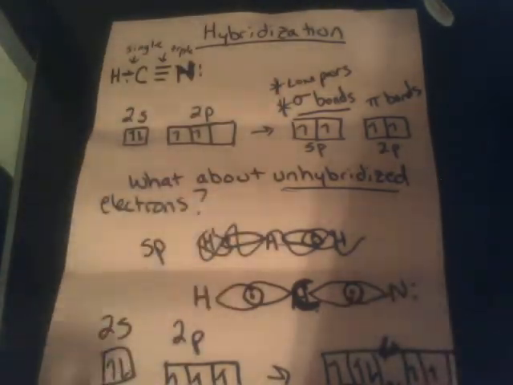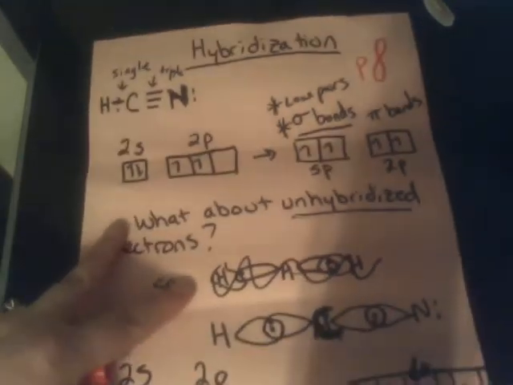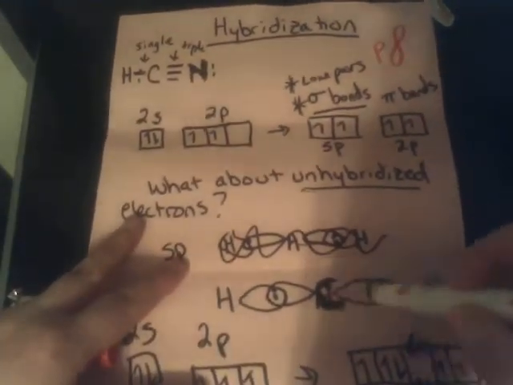The p electrons, though, what are they? The orbitals, if you remember, p orbitals are shaped like this. They're shaped like this. So you have one that's going this way, one that's going this way, and one that's coming at you. So it looks like the x orbital is taken over.